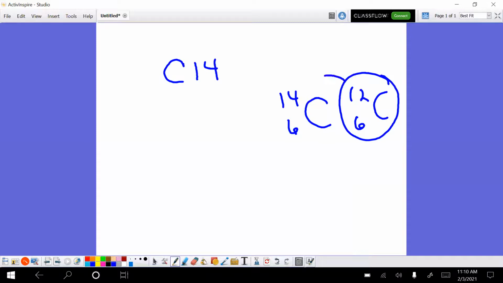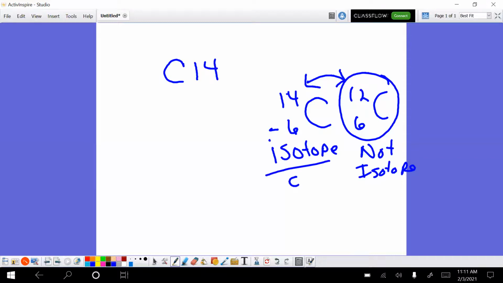Do you see these two numbers are not the same? So this one is an isotope, and this one is not an isotope. Now, the way you figure out how many neutrons there are is you simply take 14 minus 6, and that is 8.